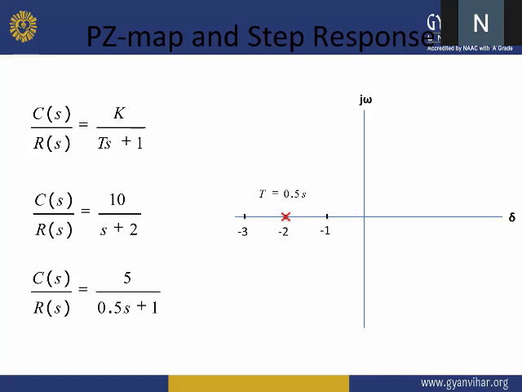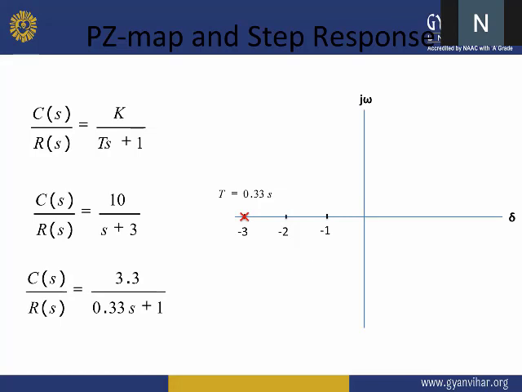And for a similar problem, when I divide the time constant, that is T equal to 0.5, then your pole has been shifted to minus 2. Similarly, when the time constant is again reduced, the pole has been shifted to minus 3.